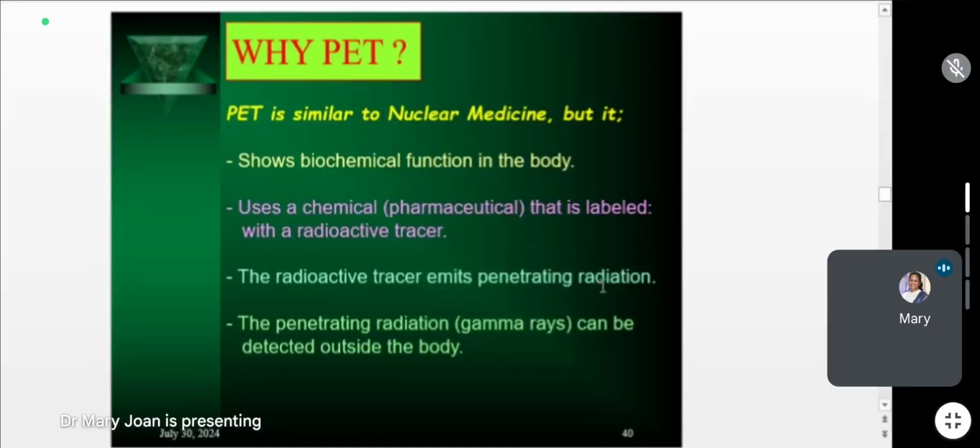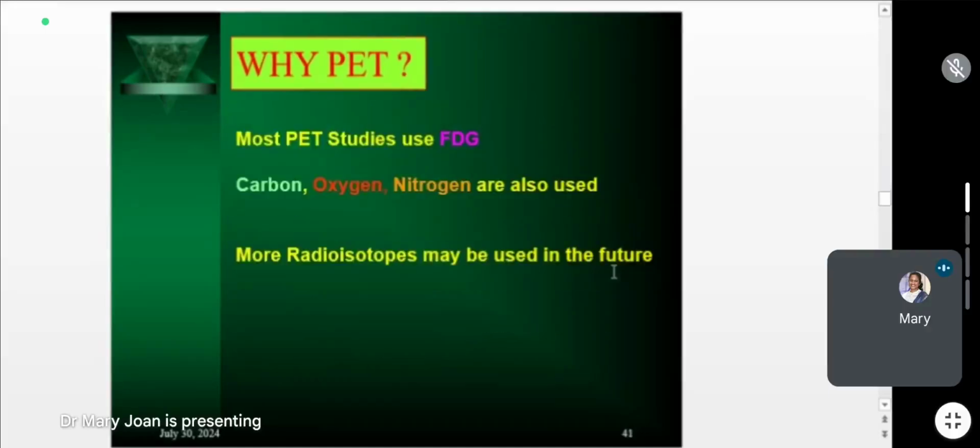Like in nuclear medicine, we have technetium-99m or other radiopharmaceuticals which emit a gamma ray. In positron emission tomography, the radiopharmaceutical emits a positron, which in turn combines with an electron and gives rise to two 511 keV photons. And this penetrating radiation can be detected outside the body.